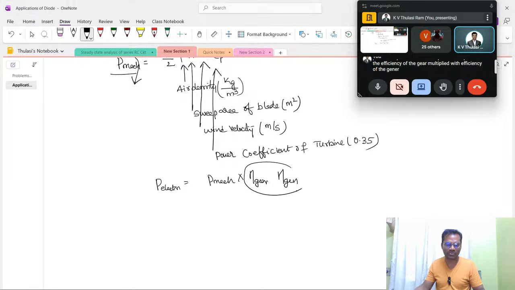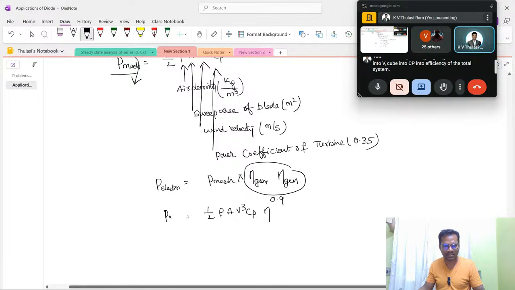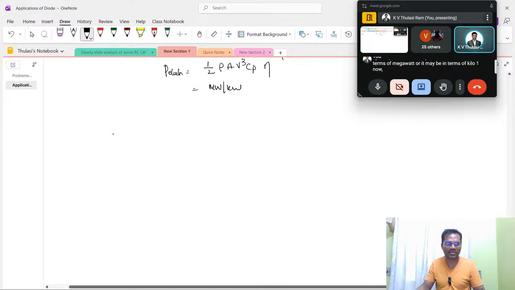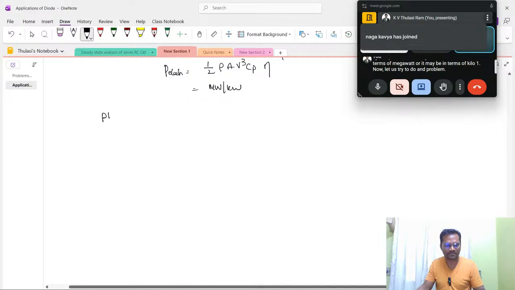So these two I can treat as the efficiency of the gearbox and generator is 0.2. Therefore here you are going to get half into rho A into V cube into Cp into efficiency of the total system is the electrical power, and this may be in terms of a megawatt or it may be in terms of kilowatt.